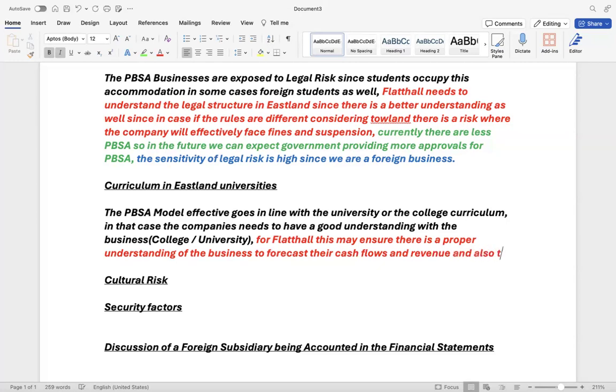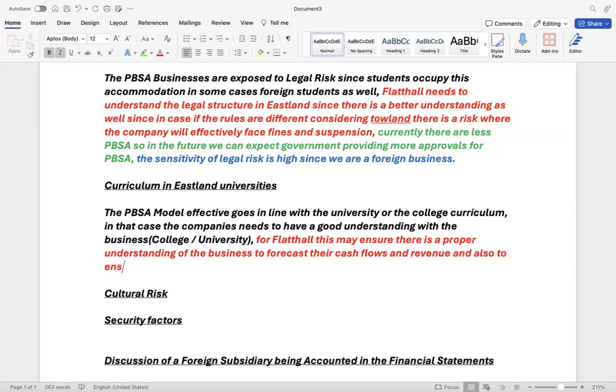And also to ensure the maintenance and repair on an annual basis.